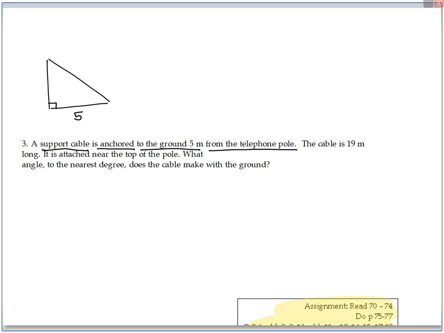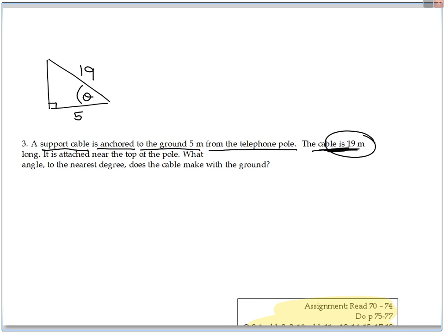That's the ground level. The cable is 19 meters long. So which one's the height, the up and down? Then it says what angle to the nearest degree does the cable make with the ground? So they want this one here. They want theta right there.